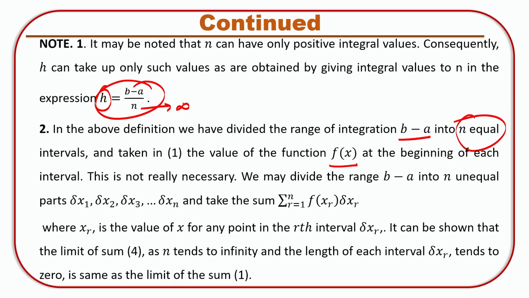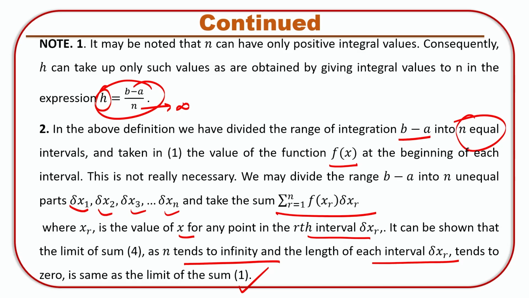We may divide the range b minus a into n unequal subintervals, something like delta x1, delta x2 and delta xn, and take the sum of this one, right. Where xr is the value of x at any point in the rth interval delta xr, and it can be shown that the limit of the sum in 4, as n tends to infinity and the length of each interval delta xr tends to 0, is the same as the limit of the sum in equation 1, right.